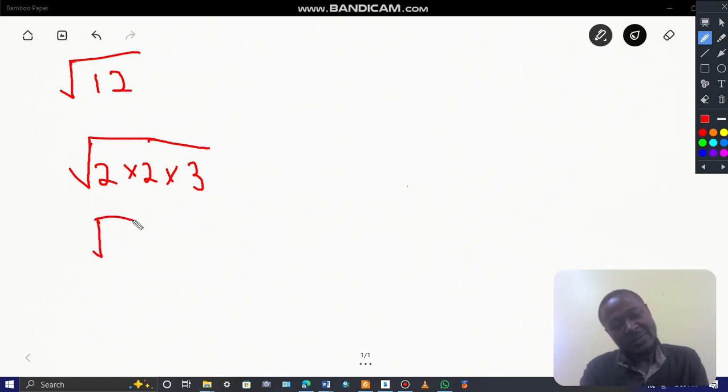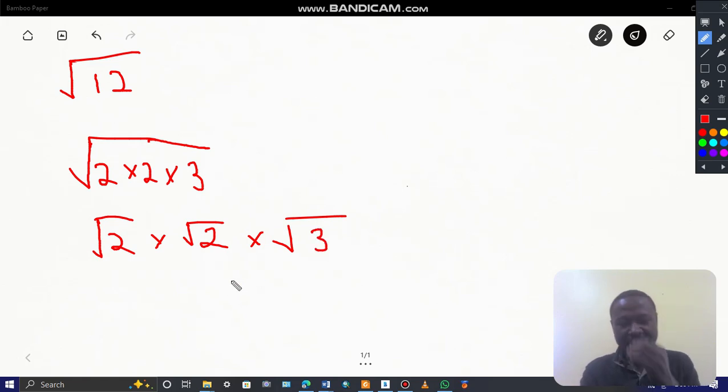Which means we can have the square root of 2 multiplied by the square root of 2 multiplied by the square root of 3. And then if you remember, when under the square root there are two identical numbers multiplied, the result is just that number. So we come out with 2 times root 3.